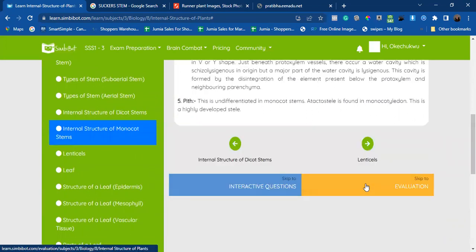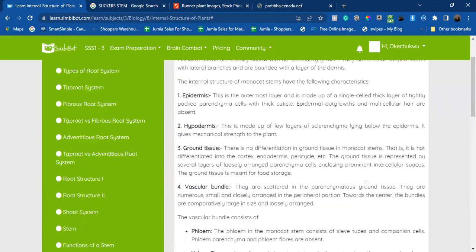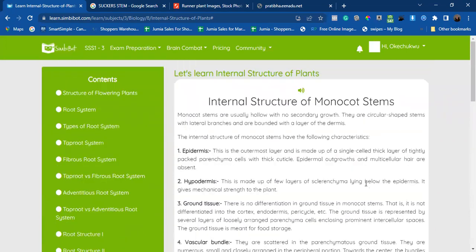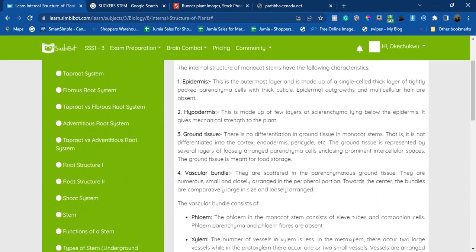All right. Let's look at the internal structure of monocots. The epidermis, the same. Instead of the cortex, which is present in the dicot, we have the hypodermis. Okay. Then after the hypodermis, we have the ground tissues.